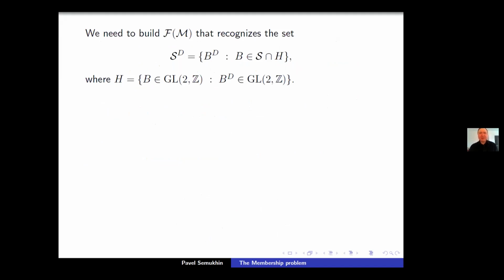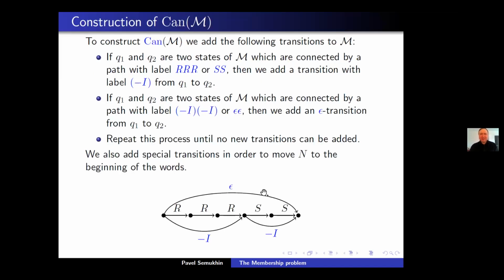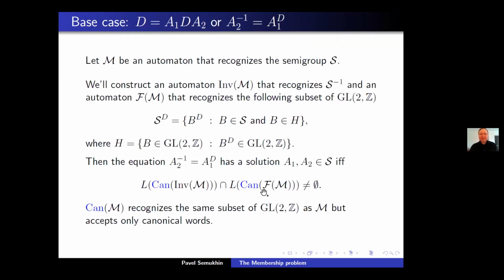Okay, now we need to construct these two automata, for the inverse of M and for the conjugates with D. The construction of the inverse automaton is quite straightforward, so I will not talk about it.